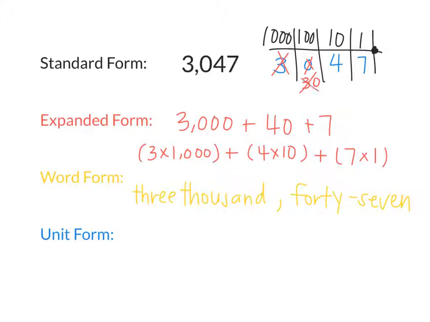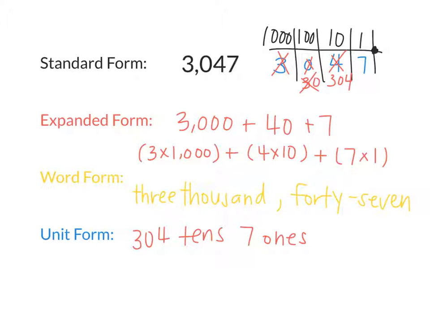Which is also really the same as 300 tens, but since I have 4, 304 tens. Okay, so do you guys see unit form is just thinking flexibly in regrouping and grouping the different units? Okay, so I could say this is 304 tens and 7 ones.